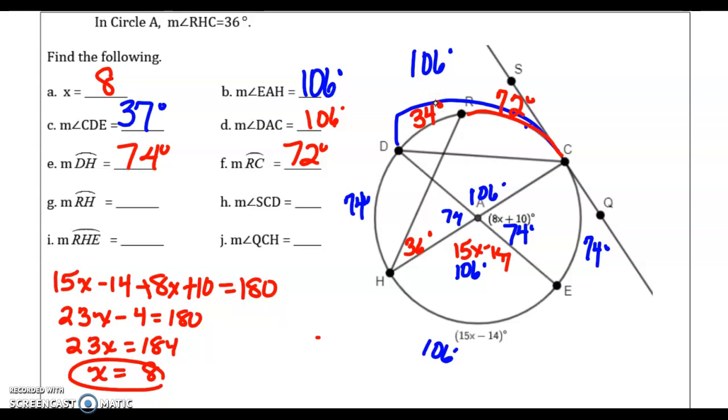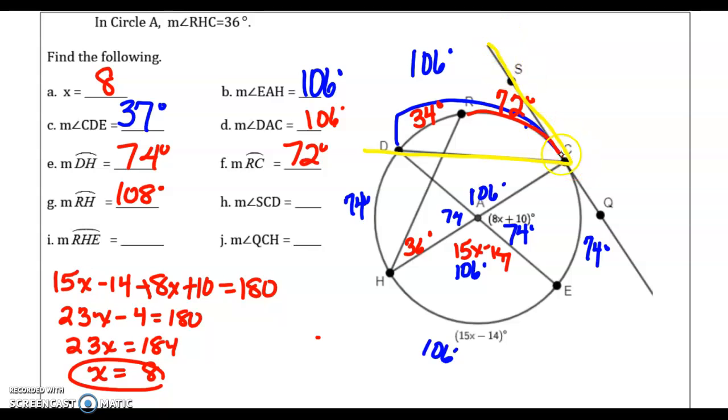RH, oh, we have to use that right now. So from R to H, the shortest distance from R to H would be this 34 and this 74. So what is that, 108? And then angle SCD, here's S to C to D. That's inscribed because the vertex is on the circle.